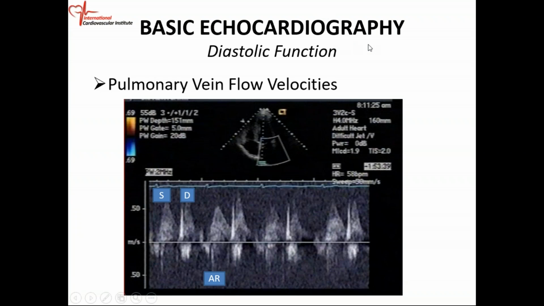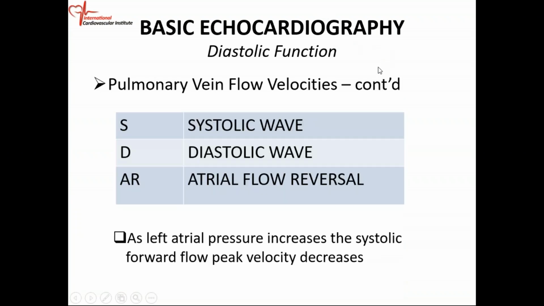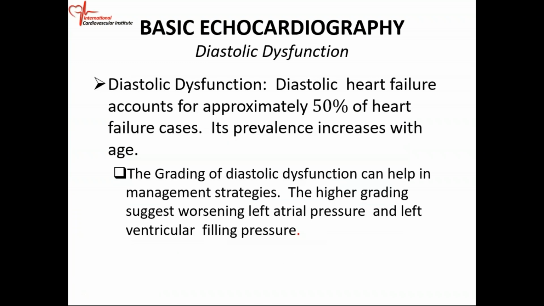Again, with your pulmonary vein velocities, you have a systolic wave, S, a diastolic wave, and the atrial flow reversal. As the left atrial pressure increases, or as you develop diastolic dysfunction, the systolic component becomes less and less.